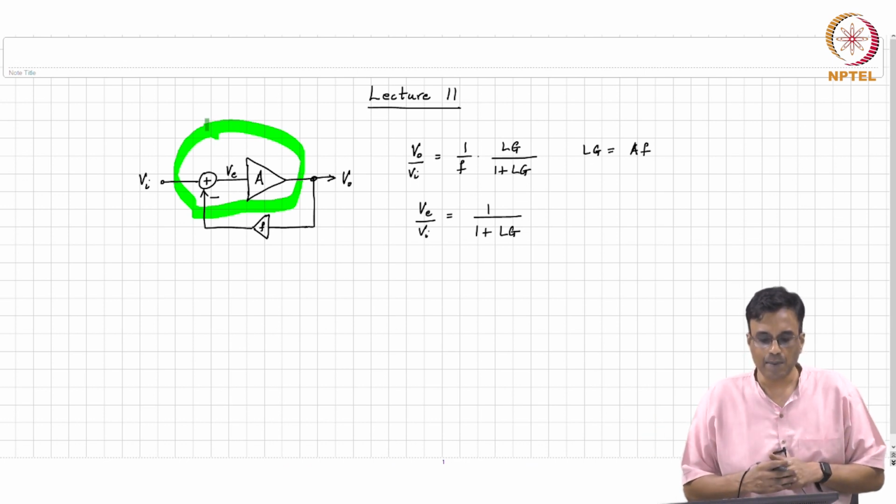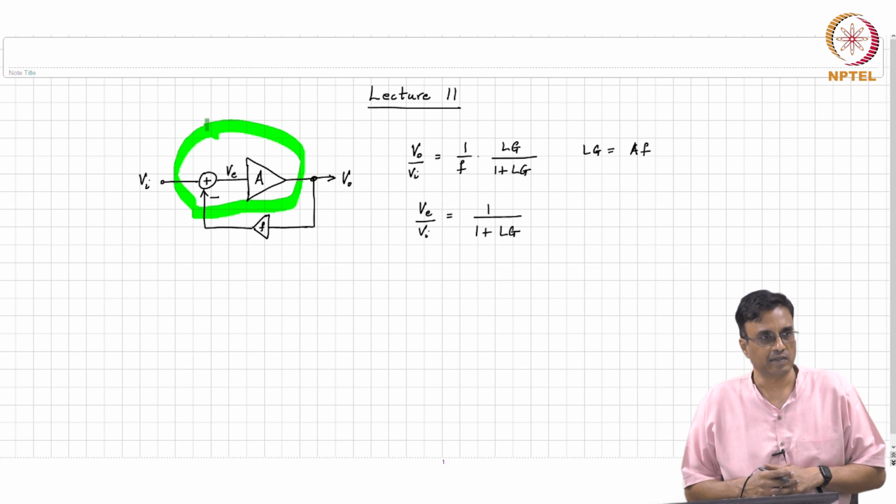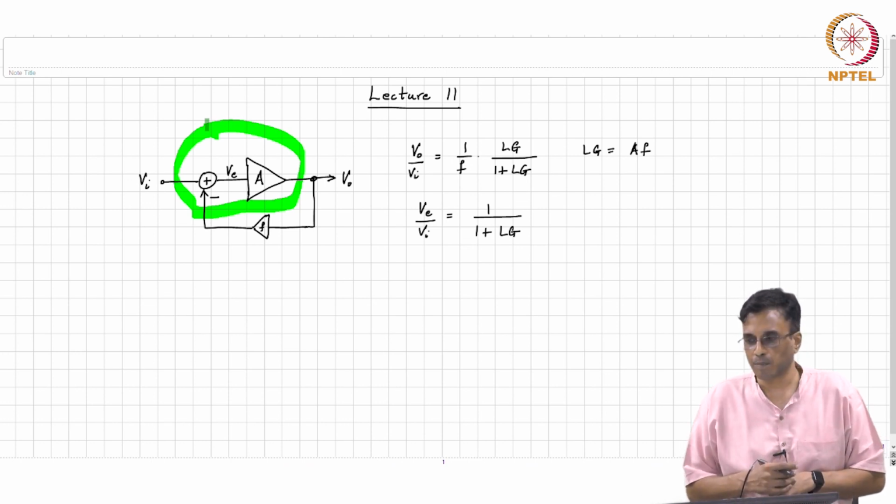That is the operational amplifier, which is basically a voltage controlled voltage source whose gain is ideally infinity, but in reality it is a large number. If you pick up an off the shelf op amp, it is not uncommon to get a gain of maybe 10 power 7, 10 power 8, that sort of thing.